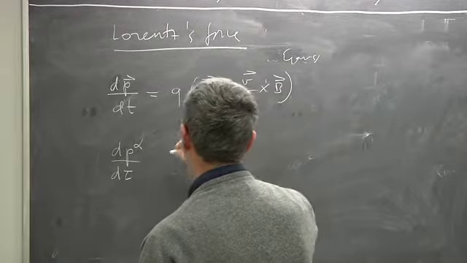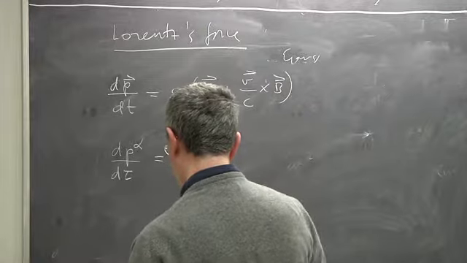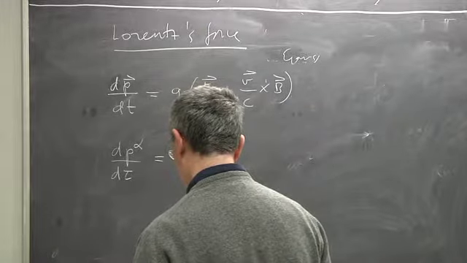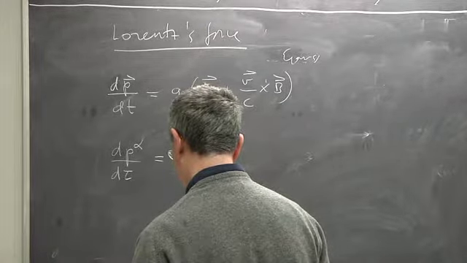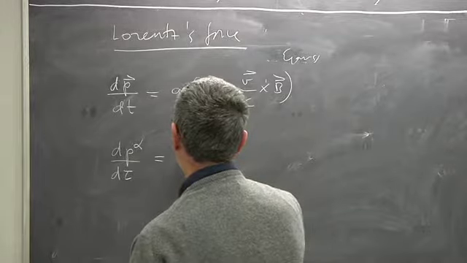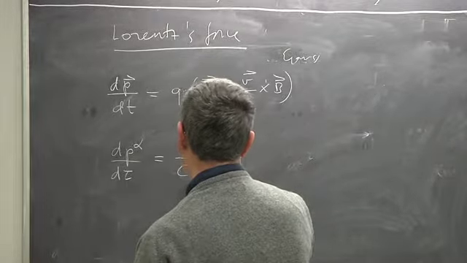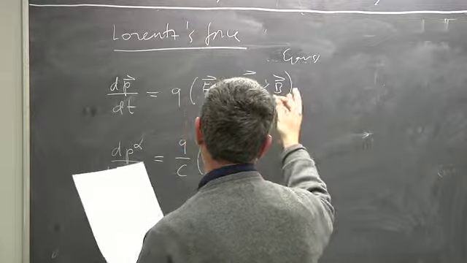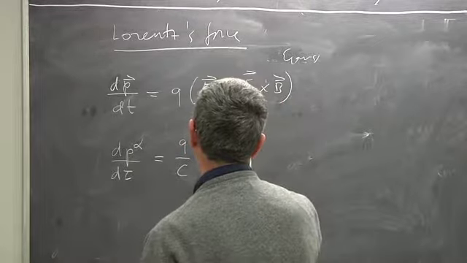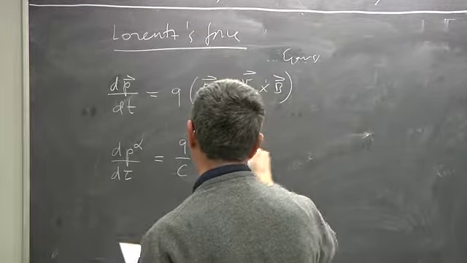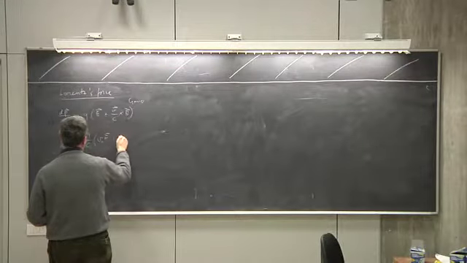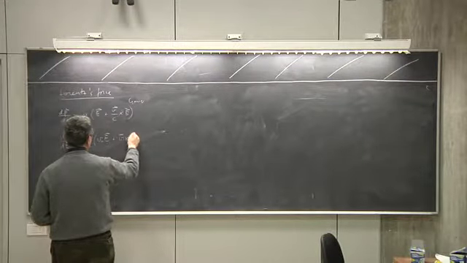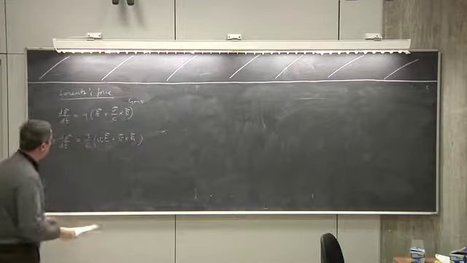And this I like to write in a form that is a little bit... So let's write it like this: QC. Then here I have, you see, I'm trying to write this as a product of something. So here I have some 0 component of some velocity plus the space component times v. Okay.